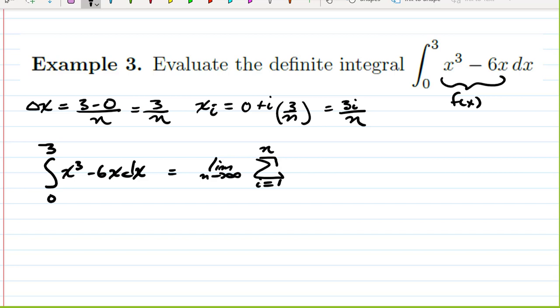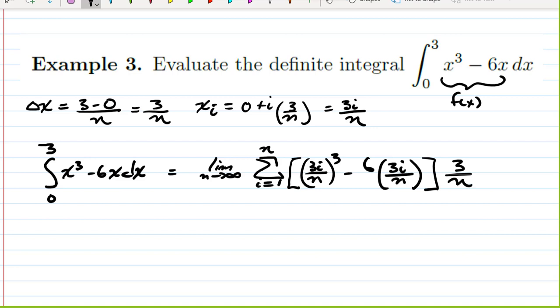So that's going to be 3i over n cubed minus 6 times 3i over n, all times our delta x, which is 3 over n. So this is our f of x sub i, and that piece is our delta x.